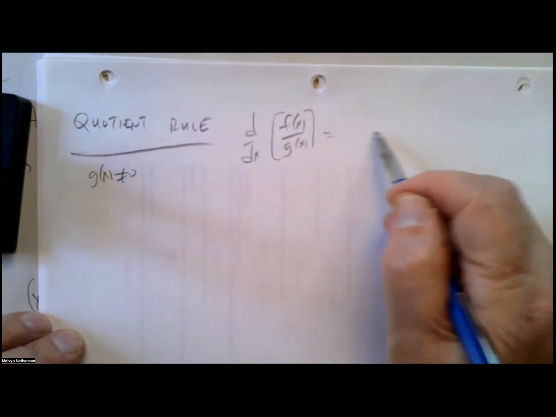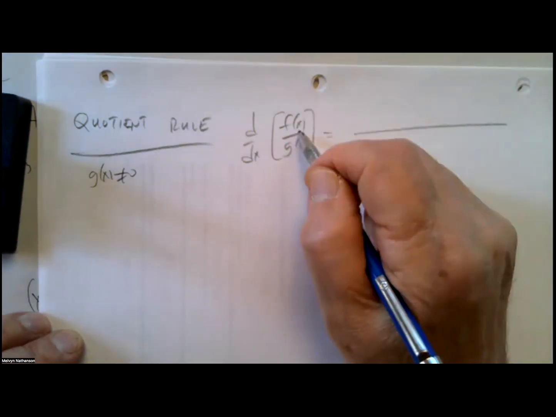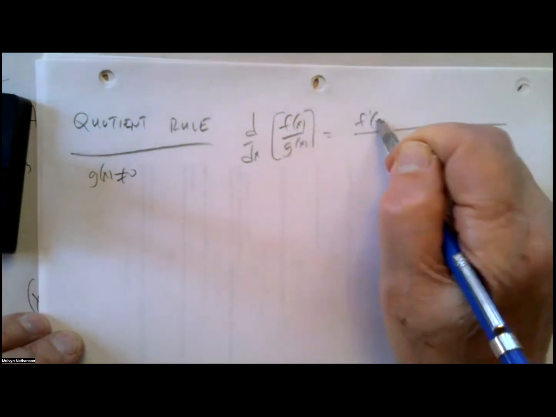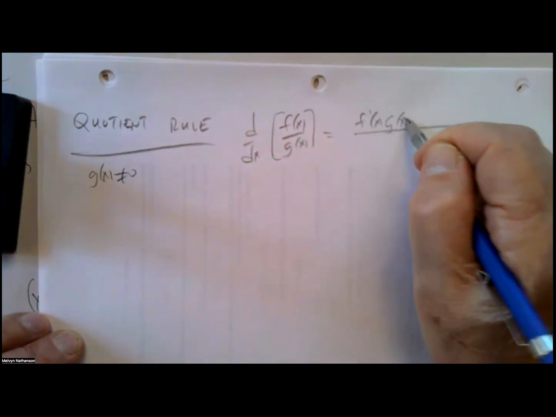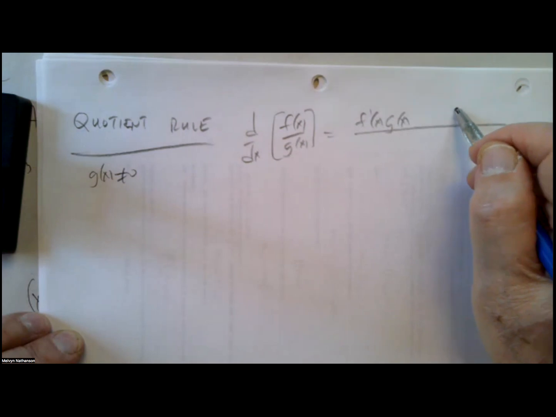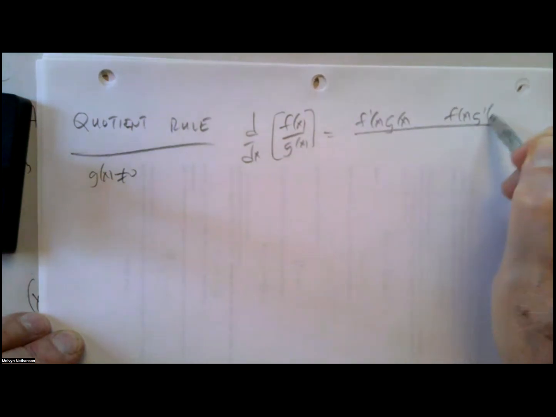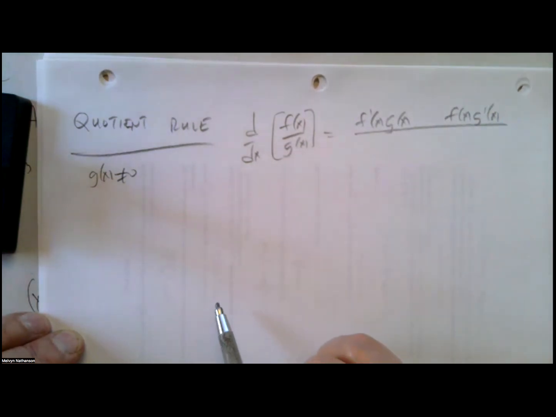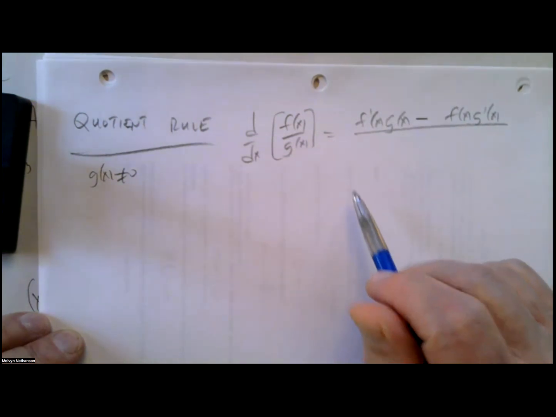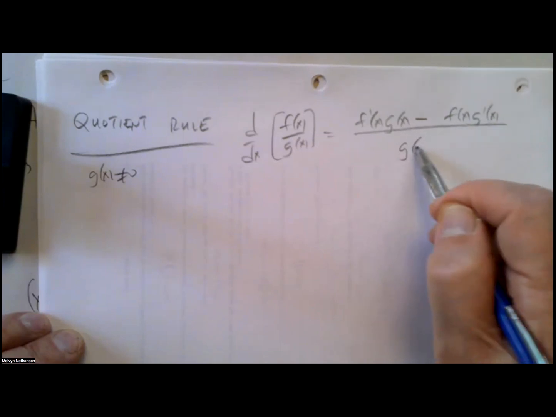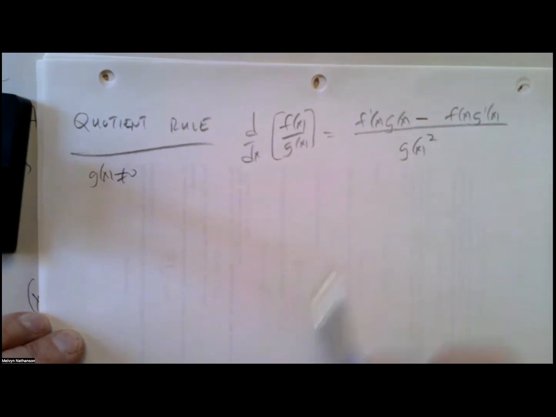And the rule is this is also going to be a quotient. It's going to be the derivative of the numerator times the denominator. And we also have a term which is the numerator times the derivative of the denominator. In the product rule, we add them, but in the quotient rule, we subtract. And this is also a quotient where the denominator is the old denominator squared.